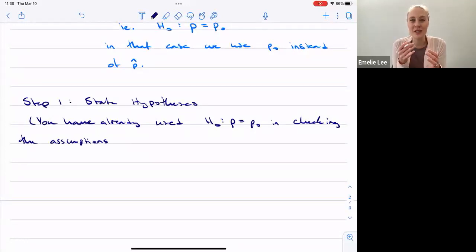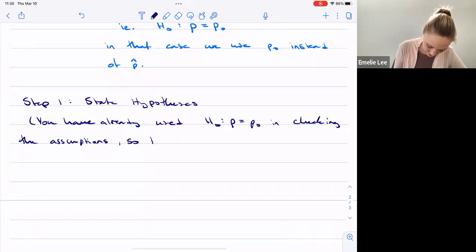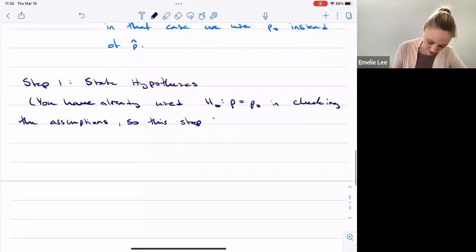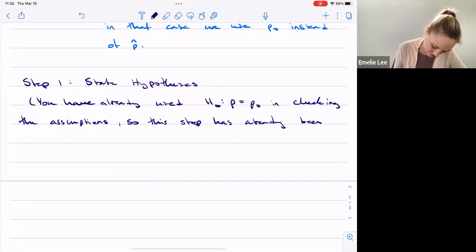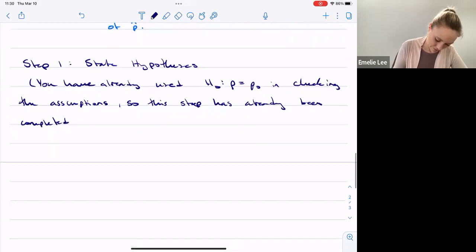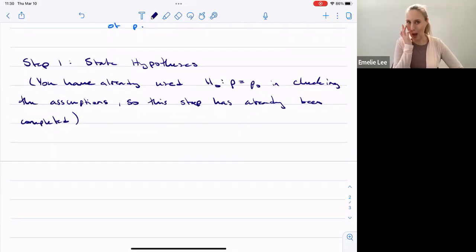Right, so usually this step has already been completed, but here you state it, right? All right, so you just need to state it here.